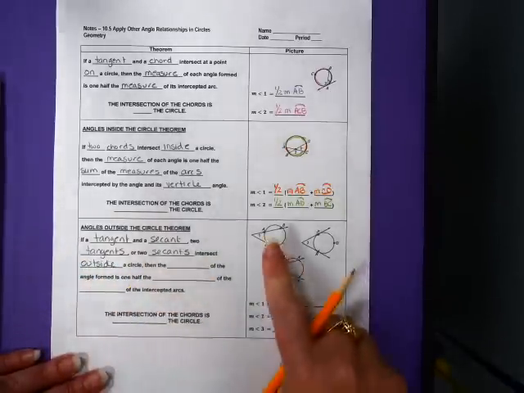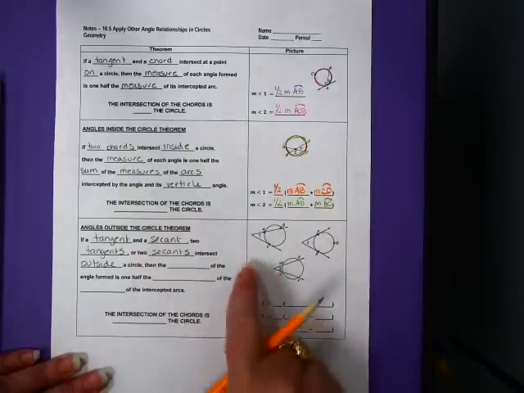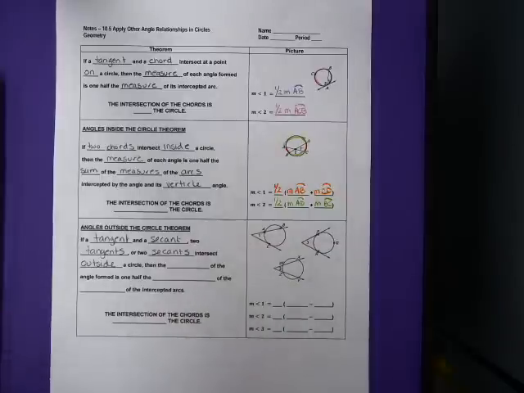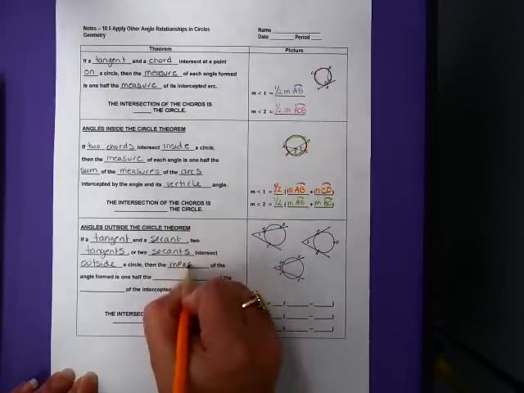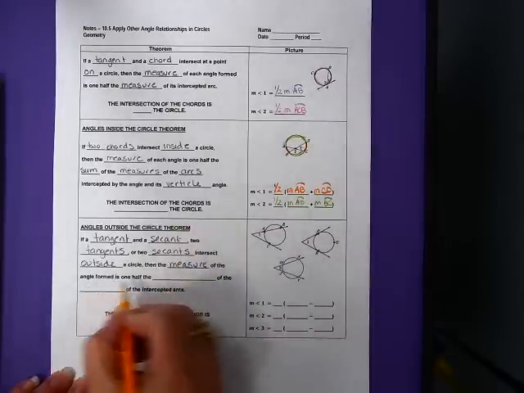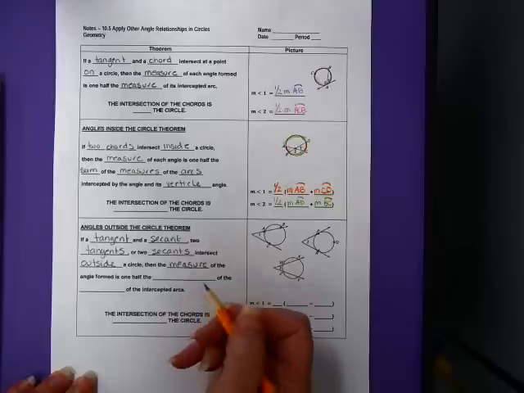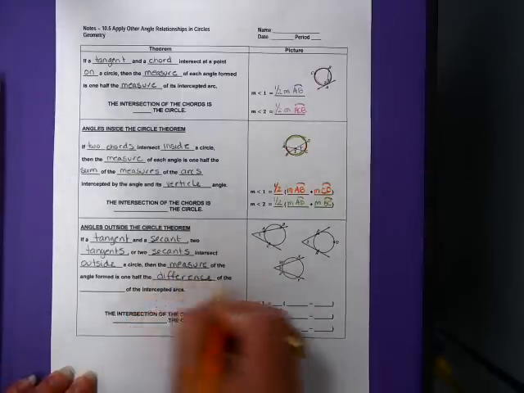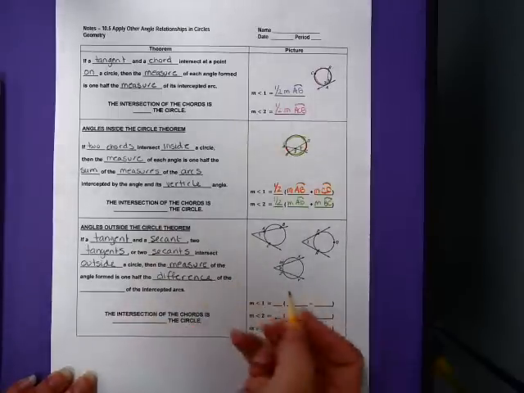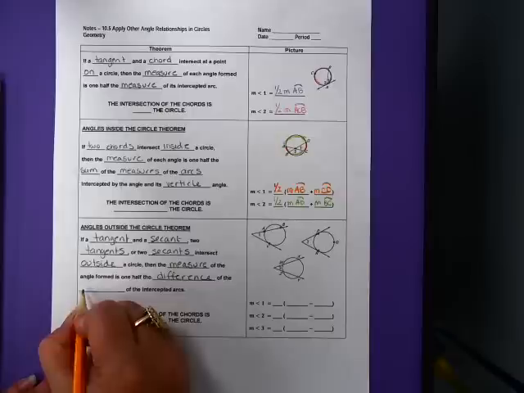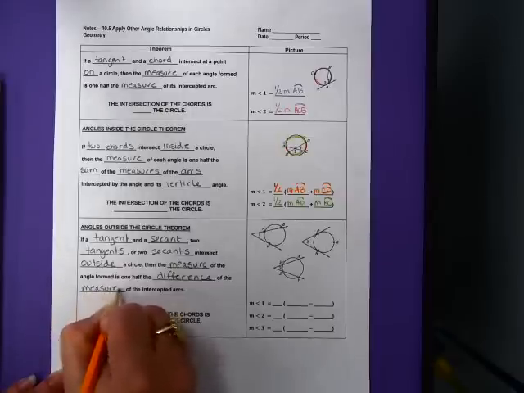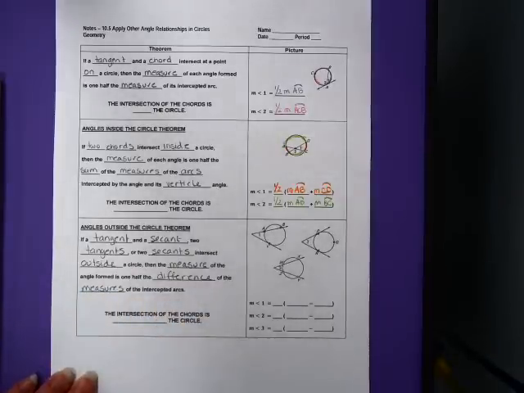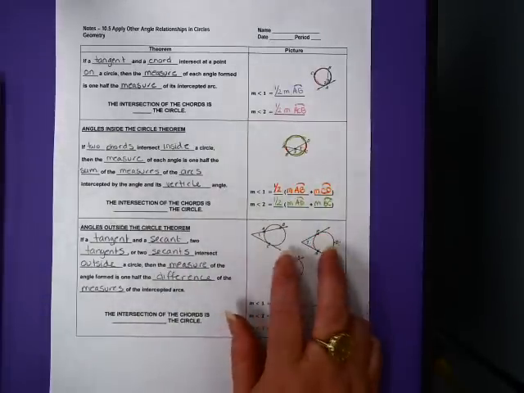So each one of those, where those are intersecting is going to be outside the circle. Then the measure of the angle formed is 1/2 the difference of the measures of the intercepted arcs. Okay, so we've got 3 different situations going here, so I'm going to show each one of them.